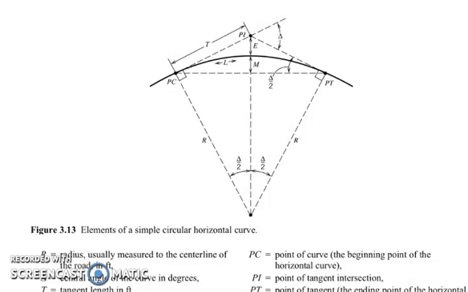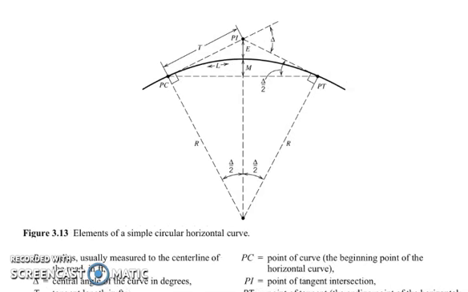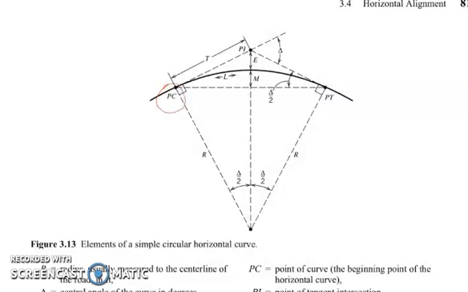Okay, now we have the figure illustrating the elements of a simple circular horizontal curve. We have here our PC, the point of curve. That is actually the beginning point of the curve. Then we have our PT, the point of tangent.